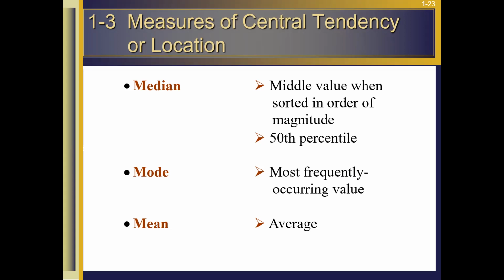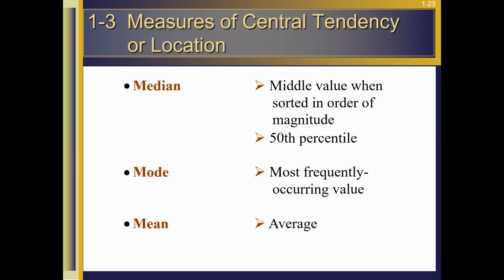If we divide the whole data set into two parts, one value can be seen as the median, the middle value when sorted in order of magnitude. Another word we can use is the 50th percentile.